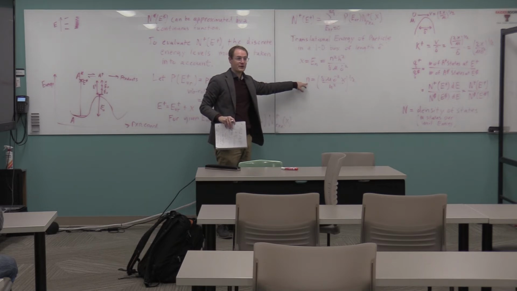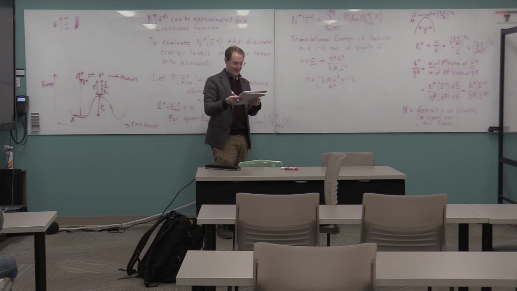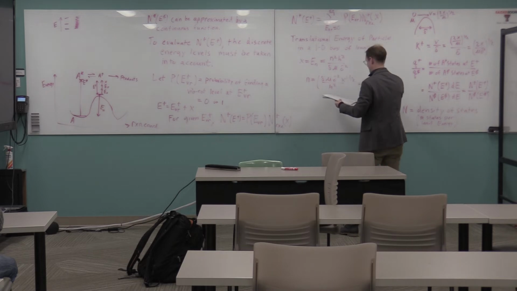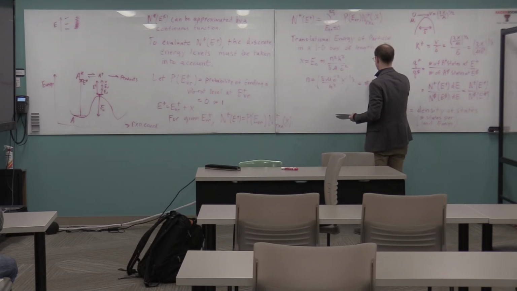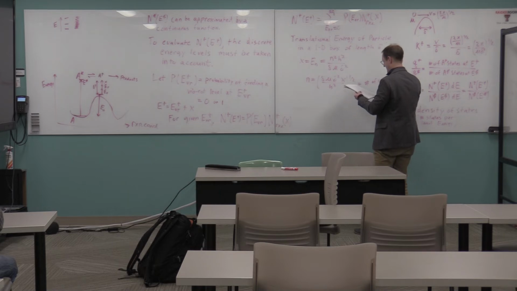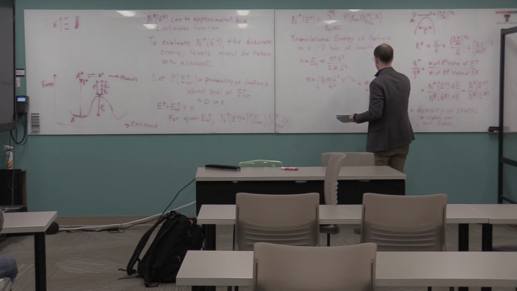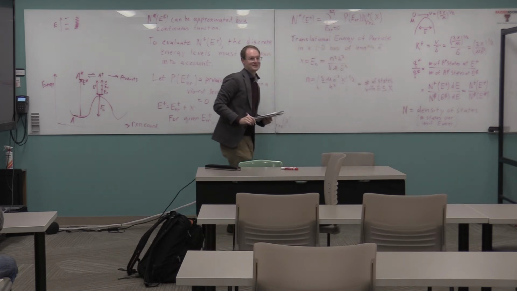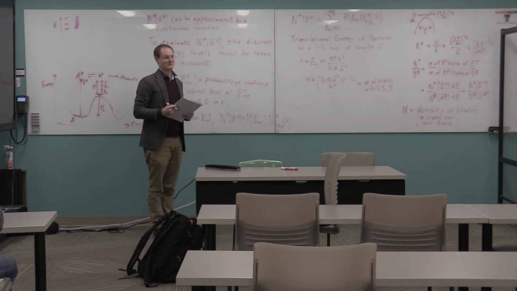And so the quantum number n is equal to the number of states with energy less than or equal to this translational energy x. Does that make sense?